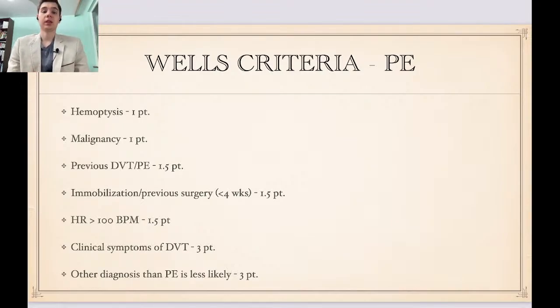If there was a history of immobilization or previous surgery in the last 4 weeks, we will add 1.5 points. If the patient is tachycardic, we add 1.5 points. If there are clinical symptoms of DVT, we add 3 points. And if other diagnosis other than PE is less likely, we also add 3 points.